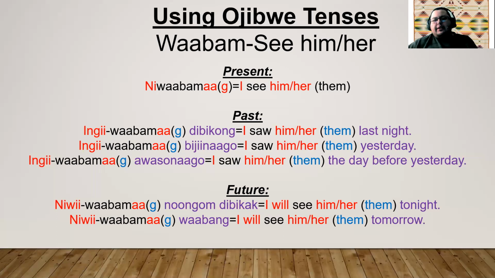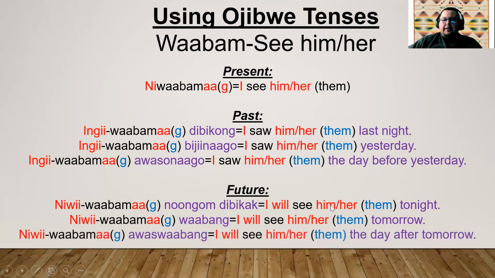Niwiwabama wabang. I will see him or her tomorrow. And to pluralize that, Niwiwabamag wabang. I will see them tomorrow. And our last one for future that we're going to practice today, and you're going to see a pattern throughout. We see Niwiwabama awaswabang.